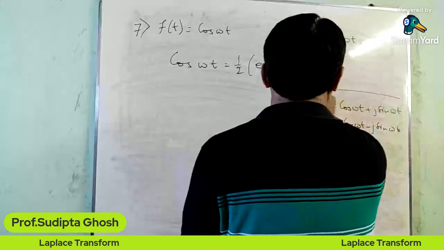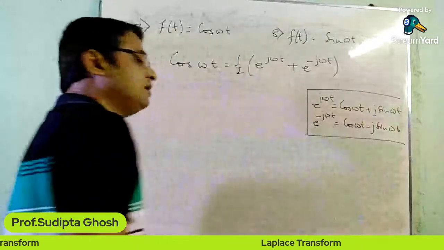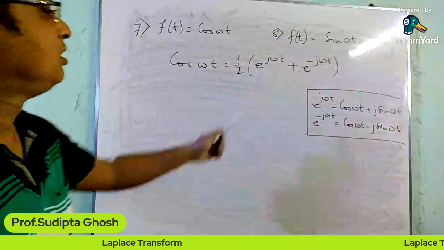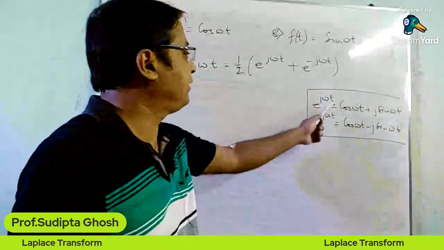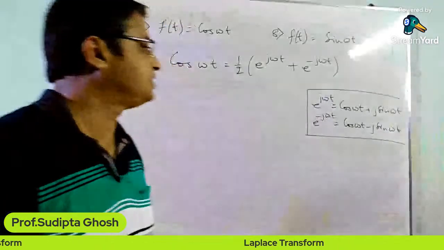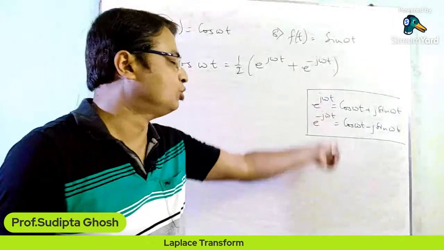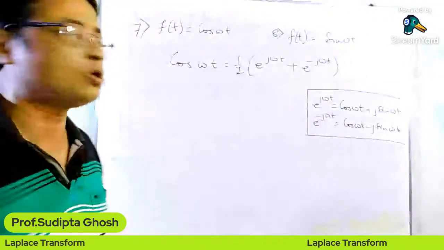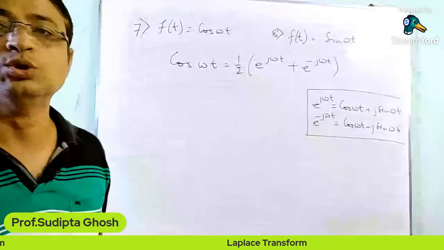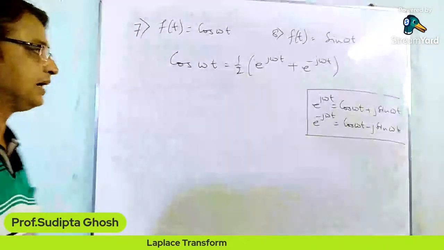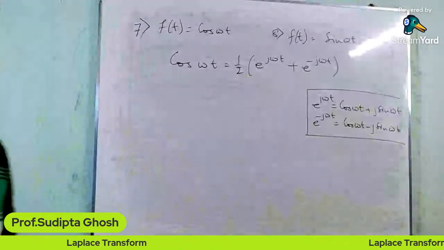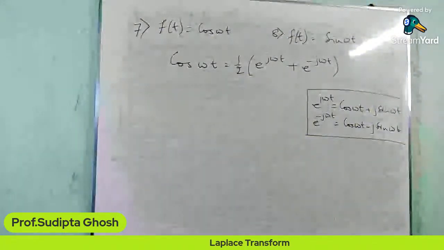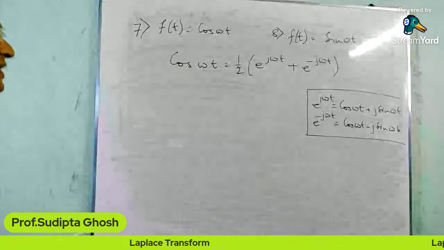So these are the values of e to the power j theta. If you add these two, you will have cos omega t plus cos omega t, that is twice cos omega t. Divided by 2, you will have simply cos omega t. So by using this expanded form of cos omega t, we have written these values.